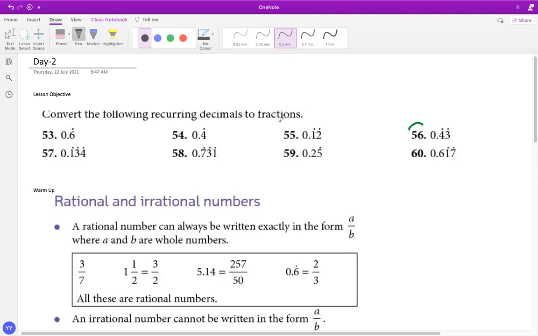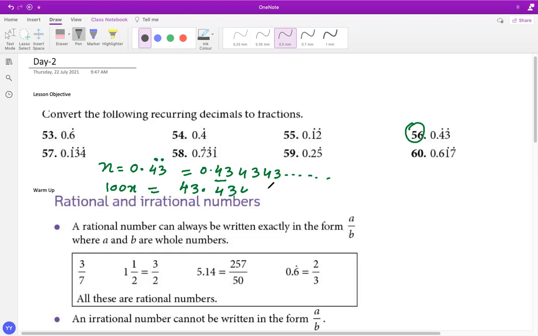So in this question, let's say we have 0.43 recurring. Let me take this as x, which will be 0.434343 and so on. Since you can see that two digits are recurring, I will multiply both sides by 100. So 100x is going to be equal to 43.434343 and so on.